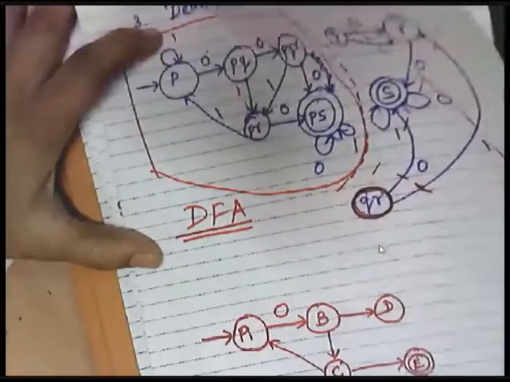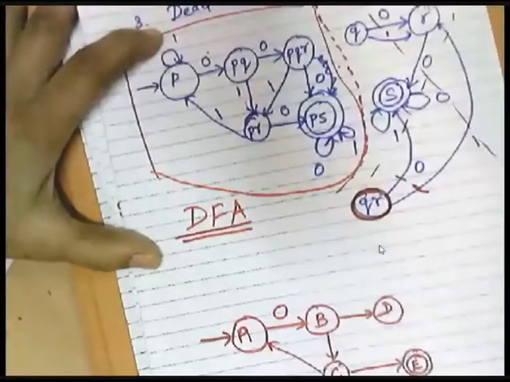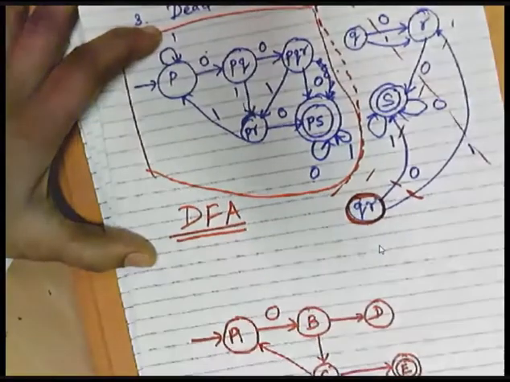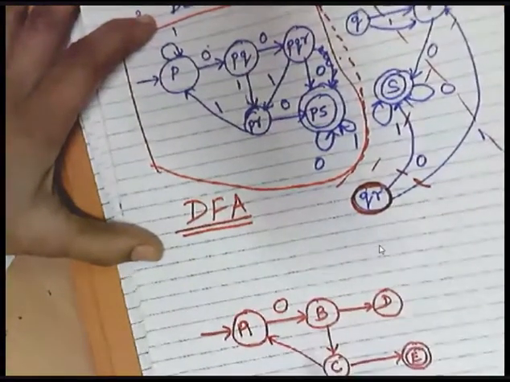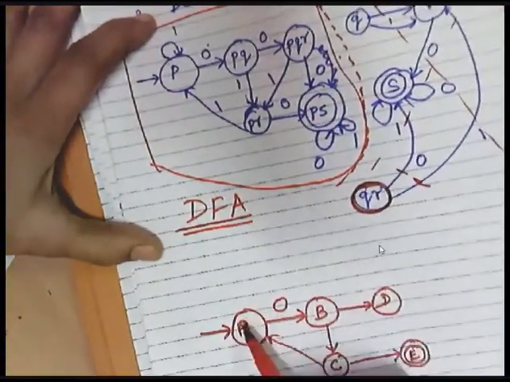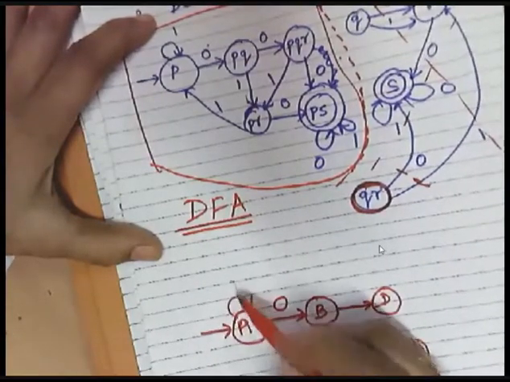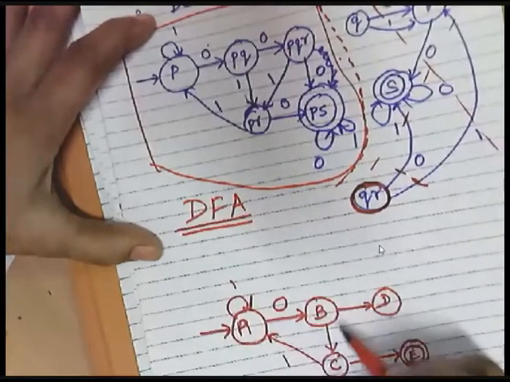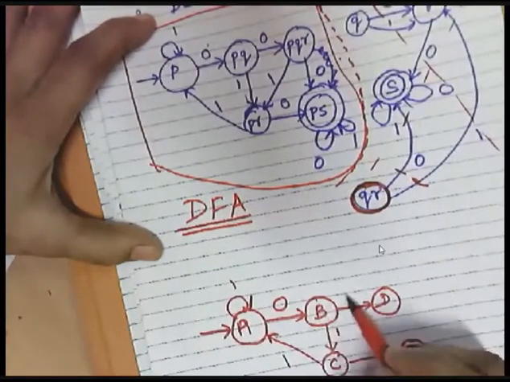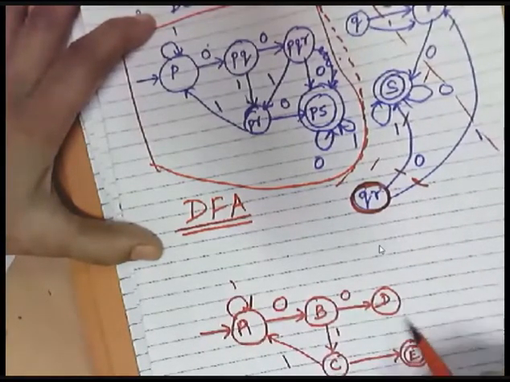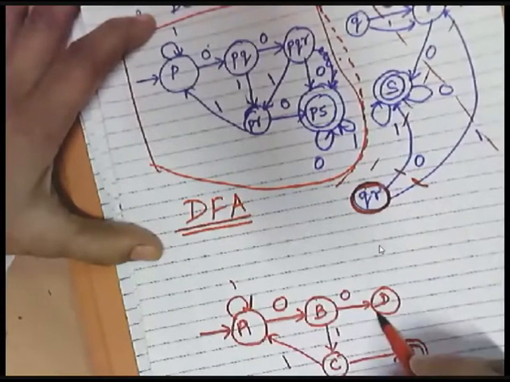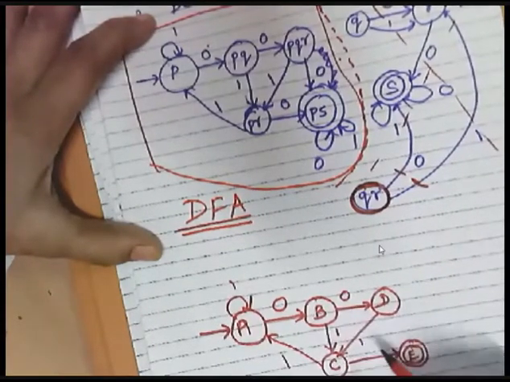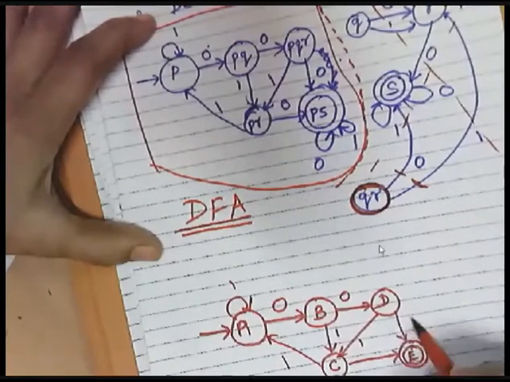Is it visible? Yes. So there is a self loop here with 1, then from C to A we have a 1 transition, then from B with 0 we are moving to D, again from D to C we are moving with 1, then there is a transition, just copying it.